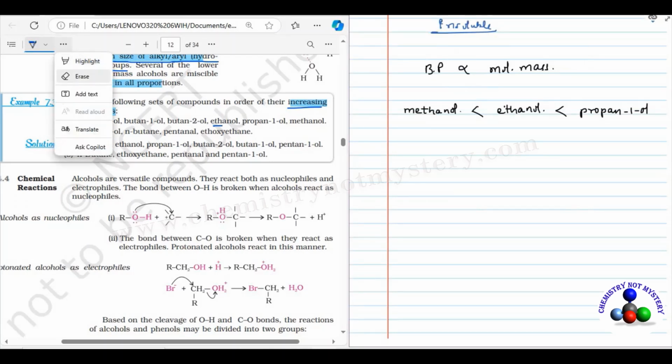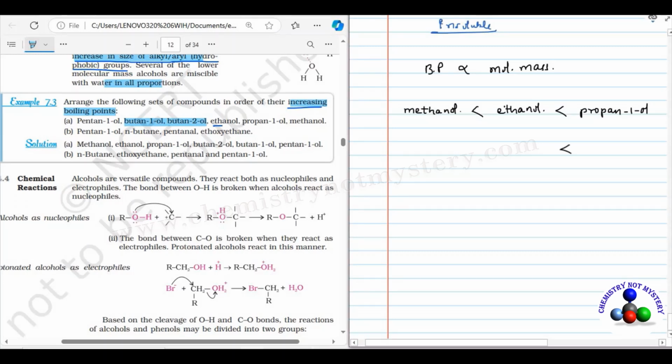So we just have to decide which of butane-1-ol and butane-2-ol will have higher boiling point. Pentane-1-ol will obviously have the highest boiling point, the maximum boiling point. But here we have to decide between butane-1-ol and butane-2-ol.